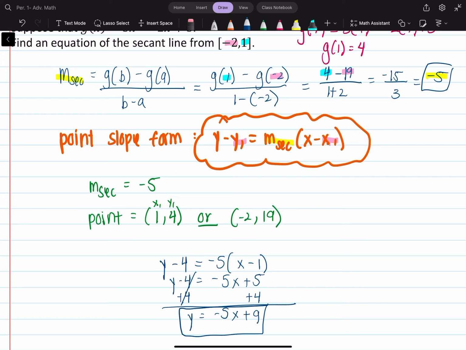And you can verify that through a graph, right? Obviously, we know that the slope is right because it has that slope as we solved for earlier. Remember, this is the form mx plus b, where m is your slope and b is your y-intercept.